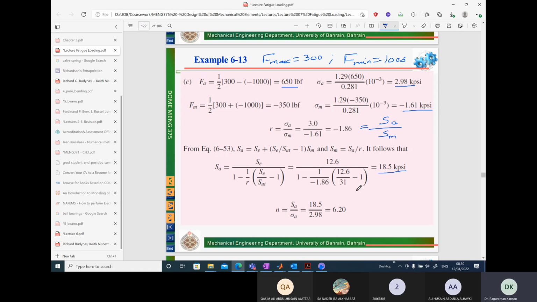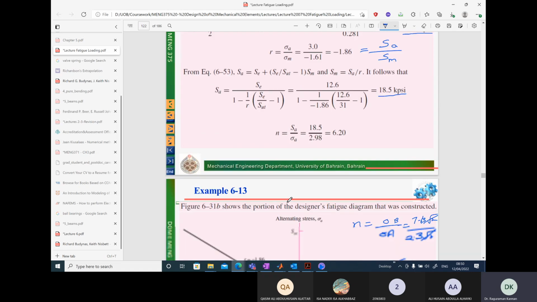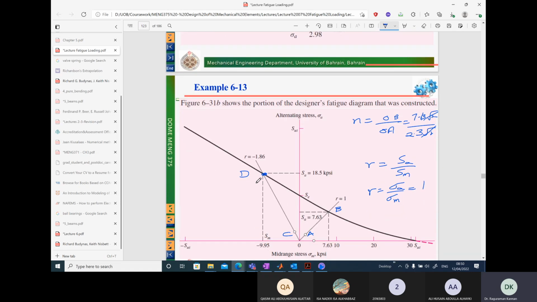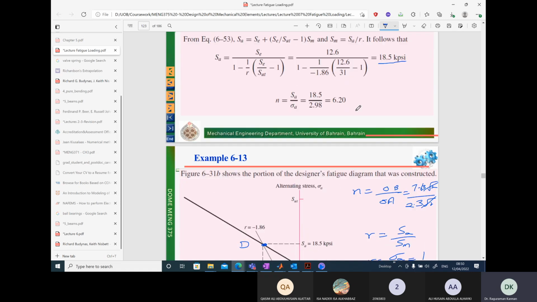We get the intersection point 18.5, and here they have taken SA over sigma A to give you the factor of safety. May not be very clear. If you use the Pythagoras theorem, you will get the same value as well.